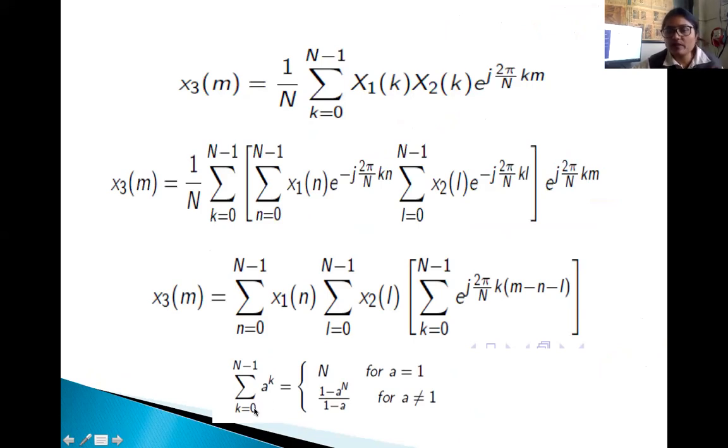This is a finite power series, summation k varies from 0 to n minus 1 of a raised to k. This is a finite power series. So the solution of this summation of a raised to k can be written as equal to n when the value of a is 1.